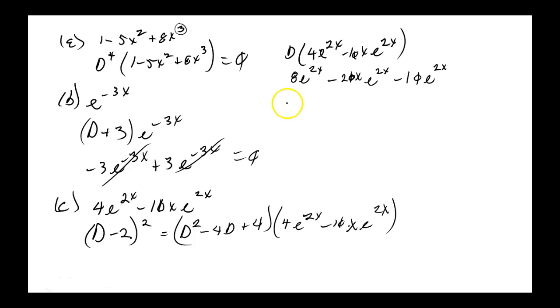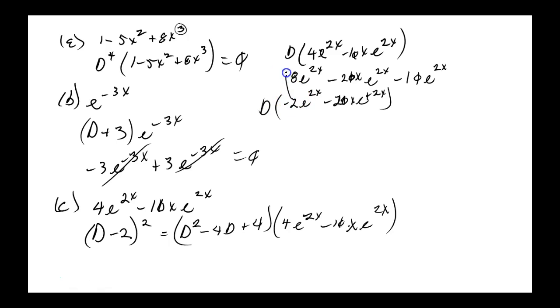So this gives us minus 2e to the 2x minus 20x e to the 2x. Okay, sorry. Now, take another derivative of this.